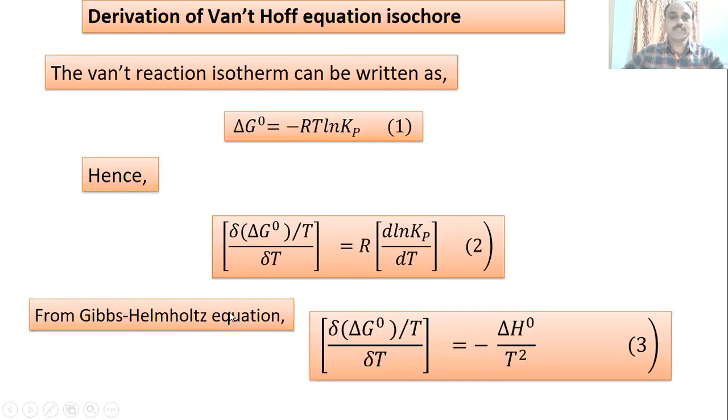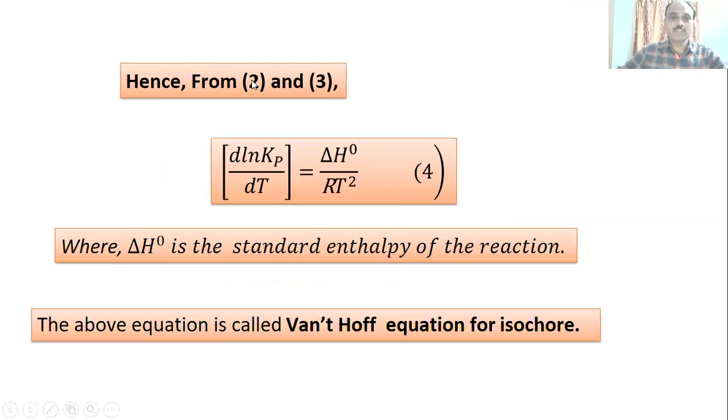From the Gibbs-Helmholtz equation, we know that the term dou of delta G naught by T by dou T is equal to minus delta H naught by T square. Let this be equation 3. Further, from equations 2 and 3, d ln Kp by dT is equal to delta H naught by RT square.